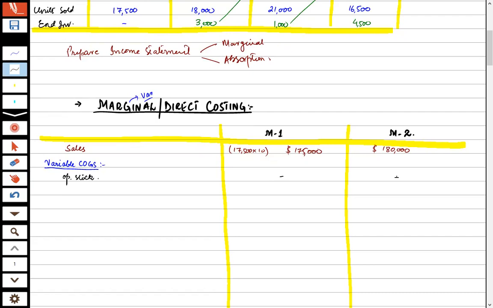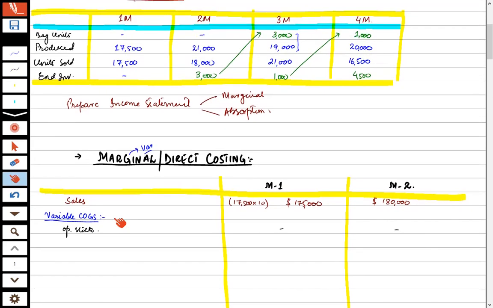And in financial accounting, after opening stock, we add purchases. But in the case of this manufacturing account, we are not purchasing, we are producing.